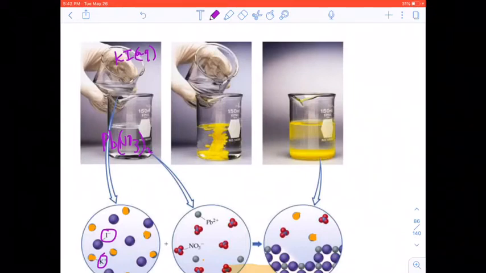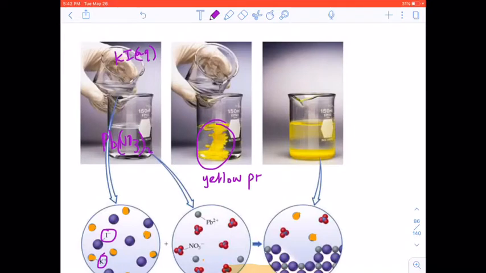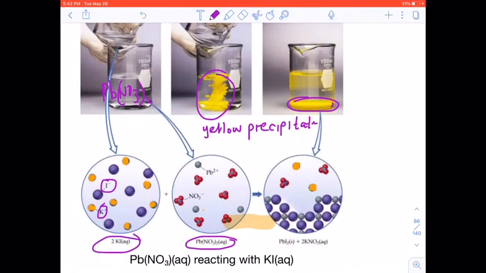We see a yellow precipitate. Here you see the precipitate settling at the bottom, and that's insoluble in water.